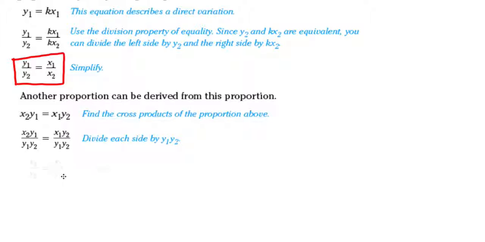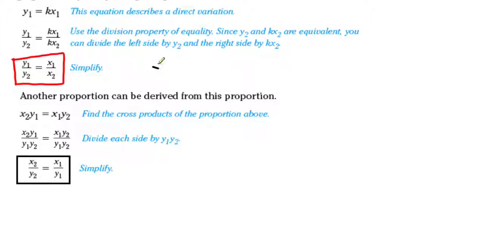If we simplify this, x sub 2 over y sub 2 equals x sub 1 over y sub 1. Another formula for direct variation. There you go, so you have three formulas.